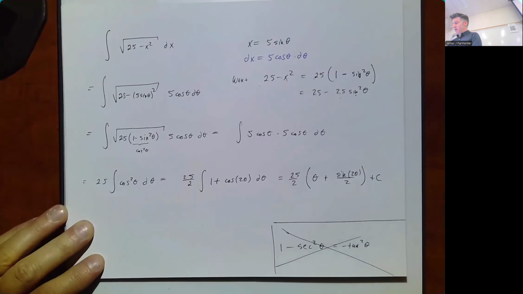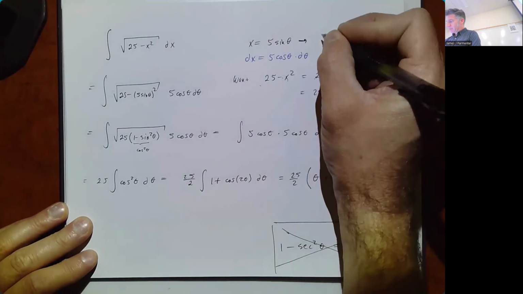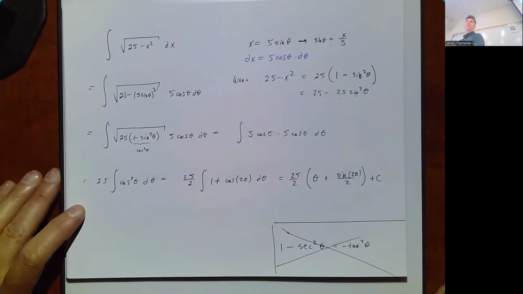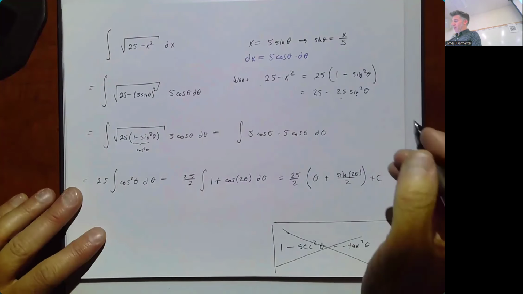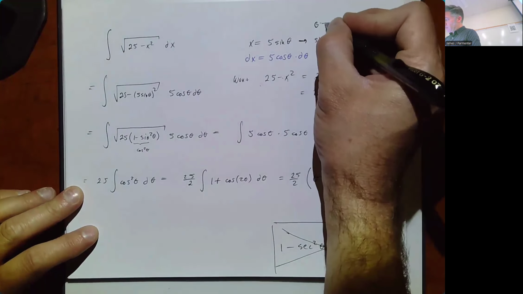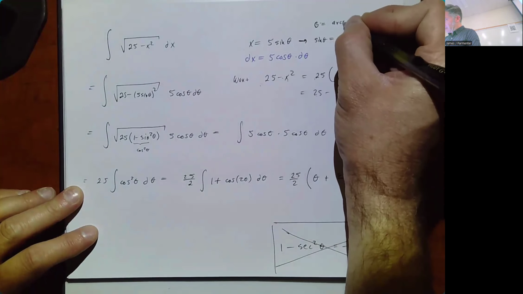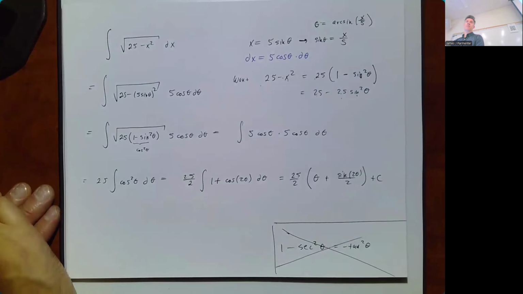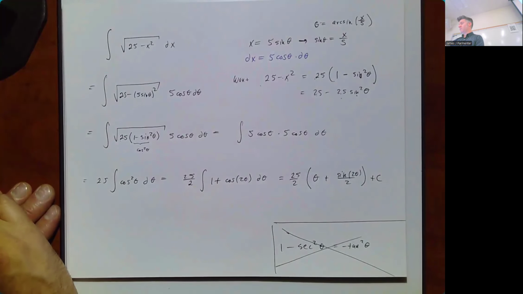If x equals 5 sine theta, then sine theta is equal to x divided by 5, and theta is equal to the arc sine of x divided by 5. Which is fine. What about sine of 2 theta? We can't just say it's going to be 2 times x over 5.